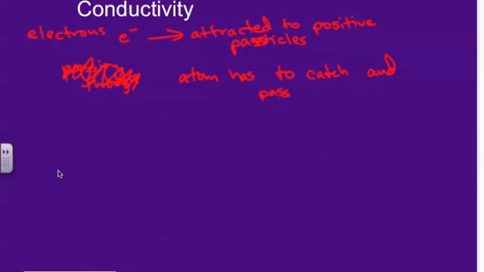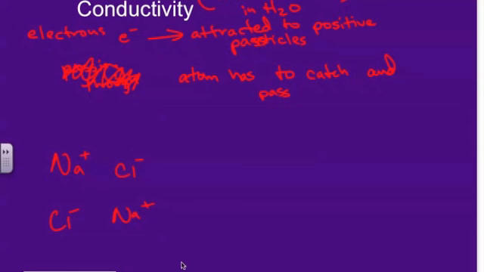So if we go back to salt, imagine salt, and it has to be dissolved in water. If we have salt that's floating around, you can clearly see that salt has positive cations and negative anions.